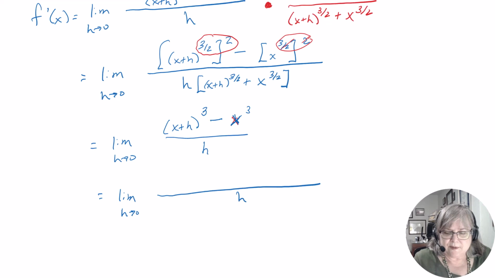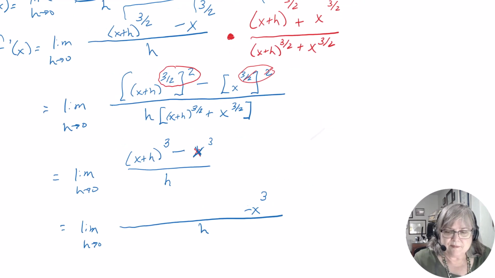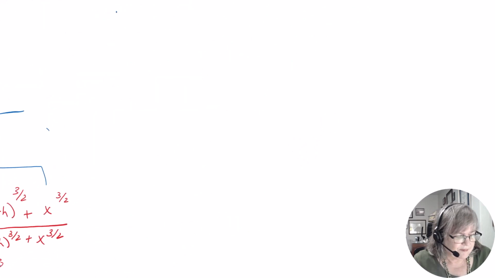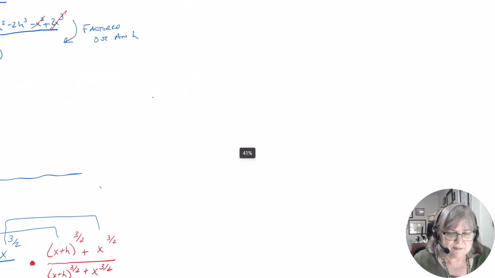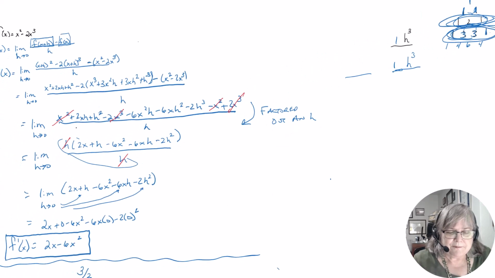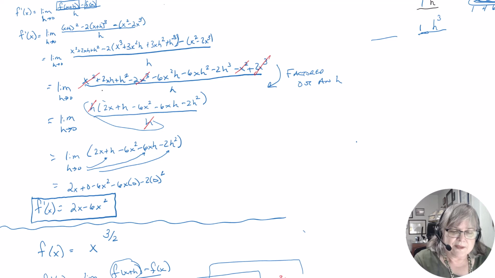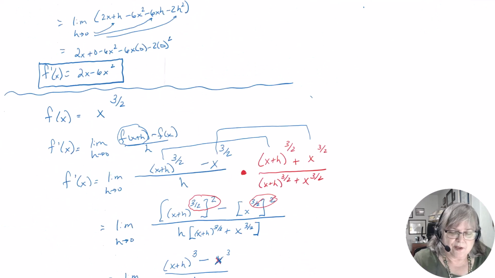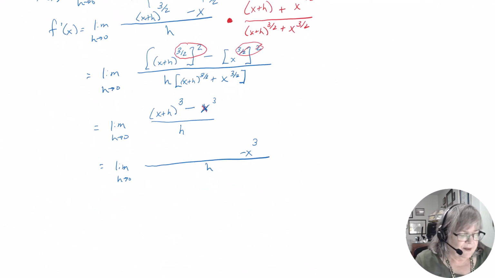And we just did this one, up in here where we were looking at the 1, 3, 3, 1. It was this right here: x plus h cubed. So using that, you would have x cubed plus 3x squared h plus 3x h squared plus h cubed minus x cubed.